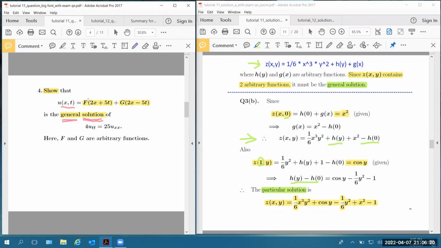Class, 2. Yes. So this one has 2 arbitrary functions. Now, if you look at the order of the PDE here, what is this order?